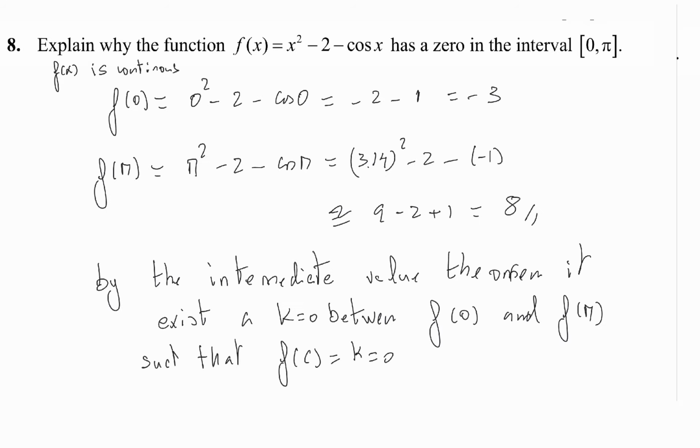Let's go to the next problem. It says, explain why the function has a zero in the interval 0, pi. It's more or less the same thing. We apply the intermediate value theorem.